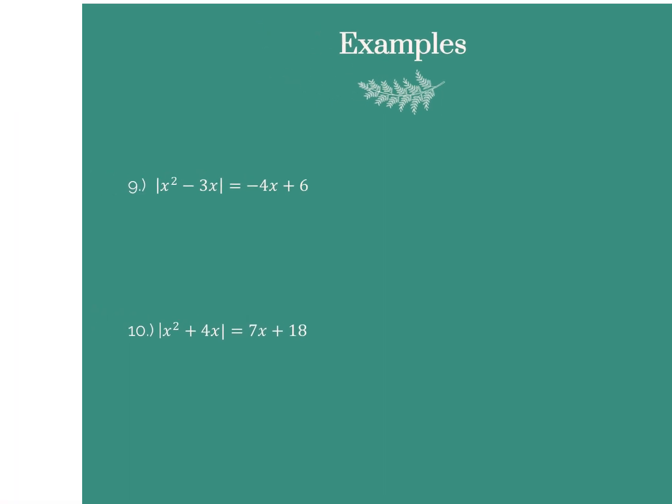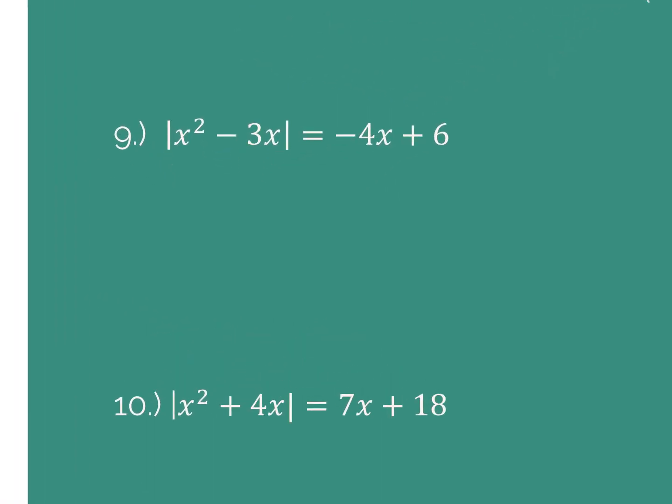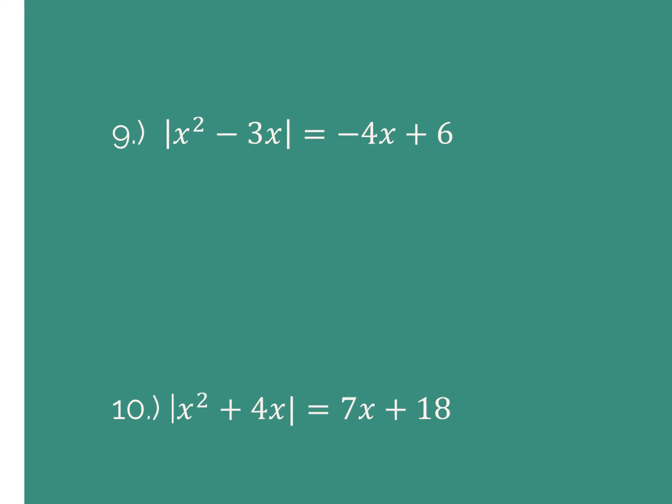All right, here we go. All right, so we have, it's isolated. So we're going to drop the bars, but remember, when we set up our second case, we need to change both of these signs to opposite. So let's go ahead and set up our 2 problems.